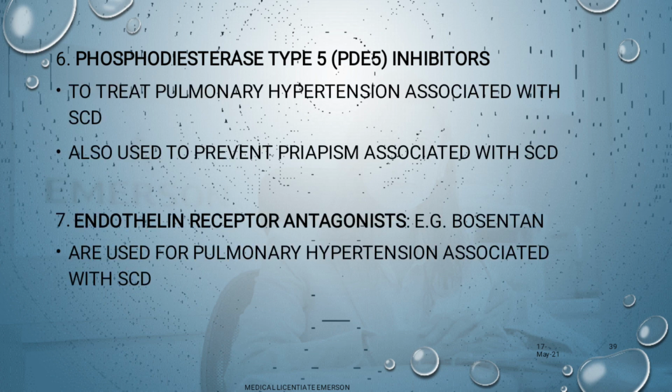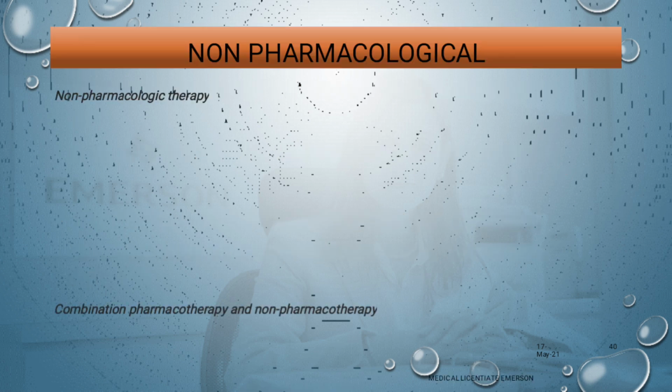So these are other drugs you can use to treat pulmonary hypertension associated with sickle cell disease. Also used to treat priapism associated with sickle cell disease. Then you can have endothelin receptor antagonists such as bosentan, which is used for pulmonary hypertension associated with sickle cell disease. Okay.